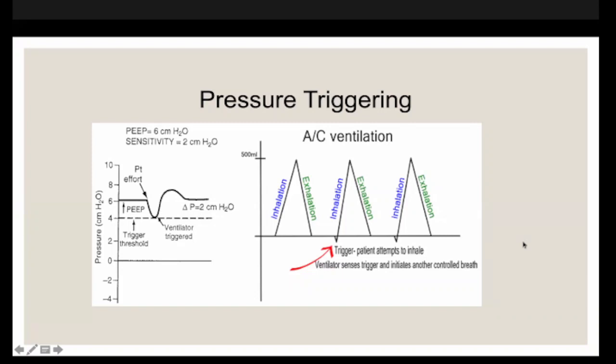Gayatri, are you there? Hello. Yes, madam. Can you hear? Yes, I can hear you. Positive end expiratory pressure. What does it do? It is the pressure in the lungs.